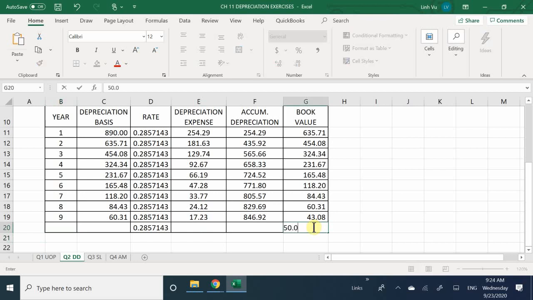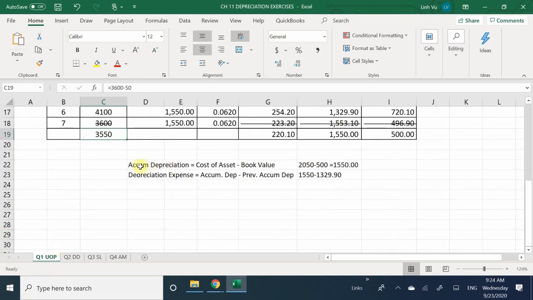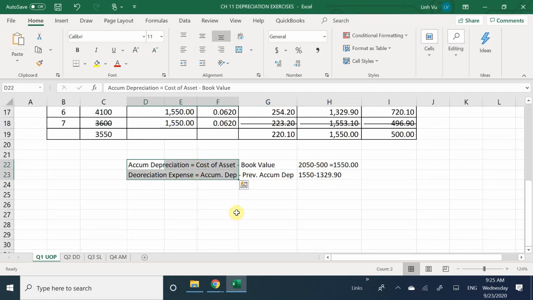So again, I'm going to leave it down here so you guys can refer back to it. Okay, so we need 50. All right? So I'm going to go ahead and copy the formulas from this page over here. So we can have that.